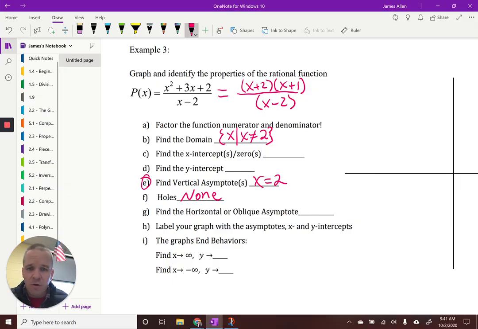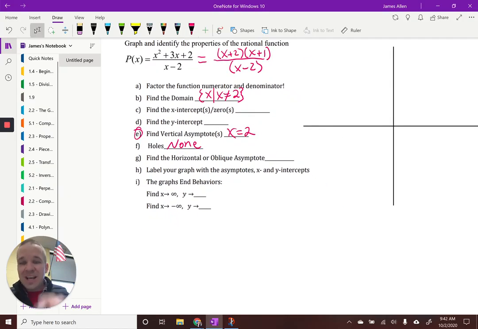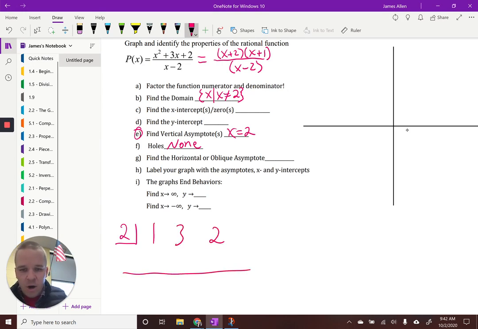Let's see here. Now it's time for some horizontal or oblique. We got the x-intercepts and y-intercepts. I'm eager to do some oblique asymptote action. So I'm going to back out just a little bit here. I'm going to set up some synthetic division because I have that linear binomial in the denominator. So I've got 2 in the box, throw 1, 3, 2. There's no missing terms.